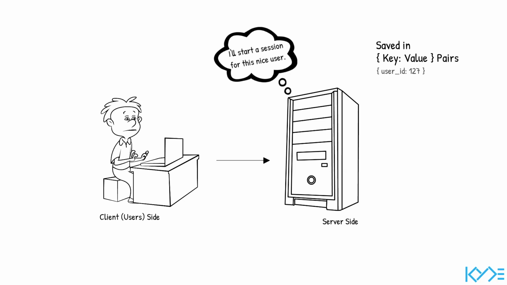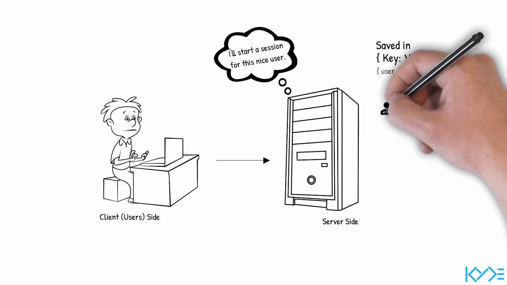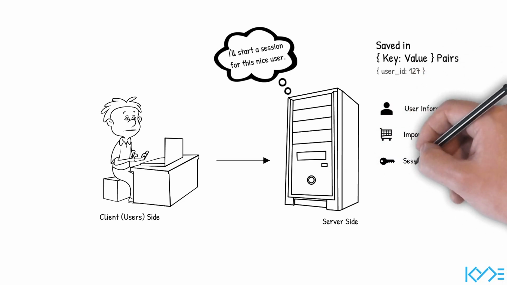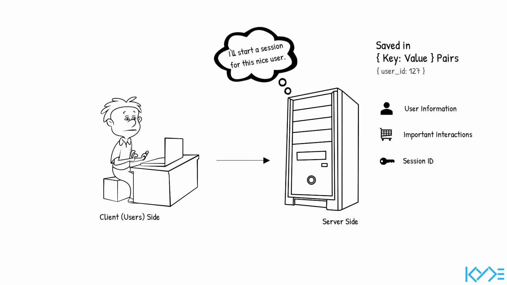Examples of some of this data that is remembered: our user ID, or maybe our IP address to help identify us, shopping cart information, or which pages we spent the most time on, those important interactions between our user and our website. Finally, our session ID, which is created when the session starts to help the server identify which session we're talking about. Don't forget that one server could be hosting thousands upon thousands of sessions at one time.